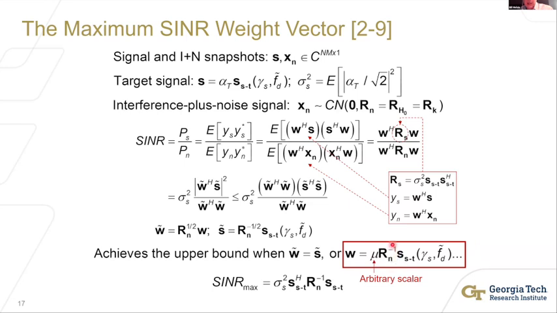So this term here suppresses the colored interference, clutter, and jamming. And then this term here implements a two-dimensional beamformer in angle and Doppler. So this is the weighting we would use to apply to each of the elements of that space-time data vector to combine everything into a scalar as a pixel in the range Doppler map.